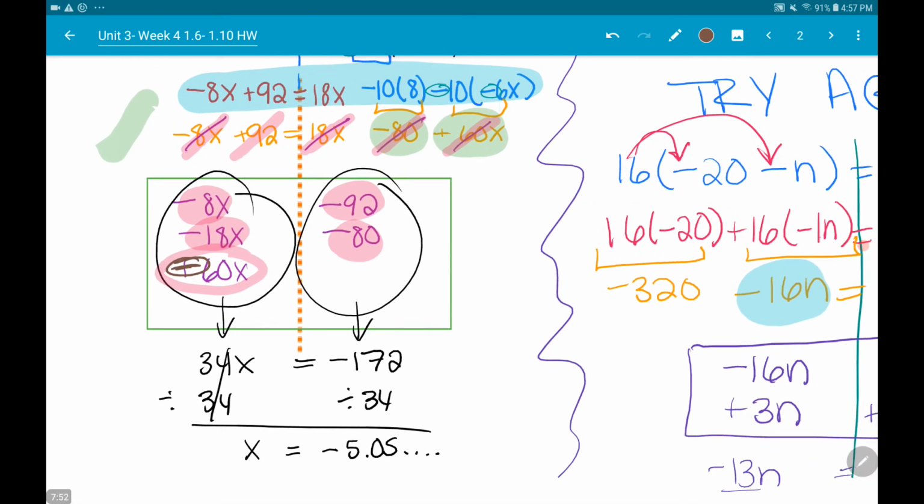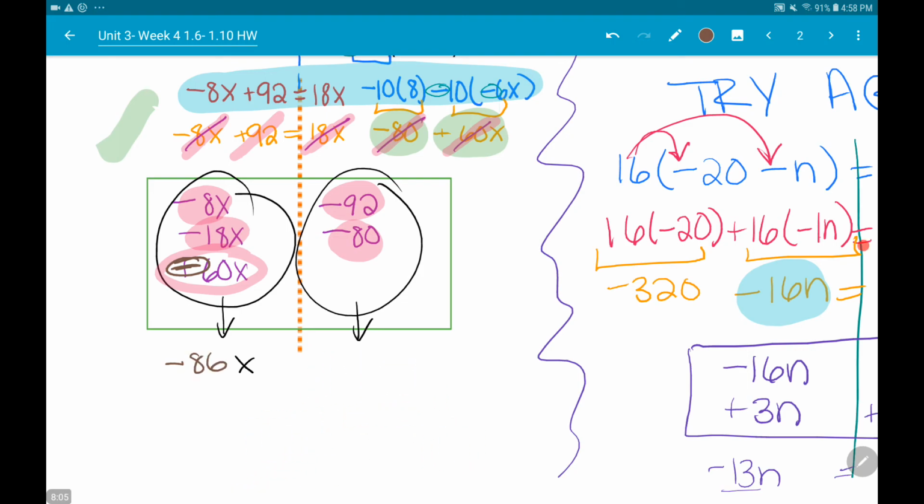So that changes this number. So I change that, and I should get negative 86 now. And this side is still equal to negative 172. I'm going to divide, and I get x equals positive 2.